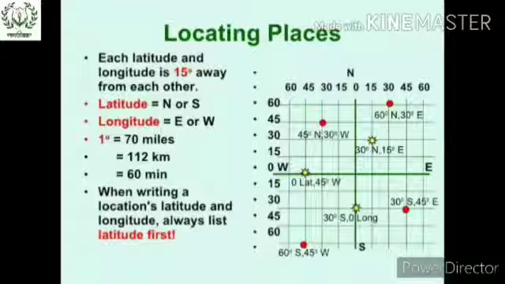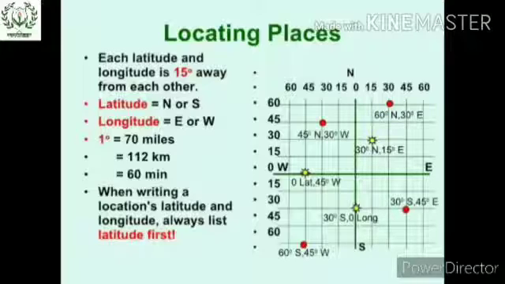In this diagram, you can see the horizontal lines are the latitude and the vertical lines are the longitude. Each latitude and longitude is 15 degrees away from each other. To locate a place, first we have to know the latitude and the longitude value of a place.